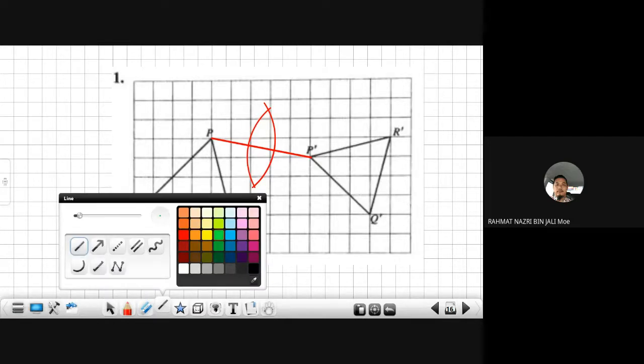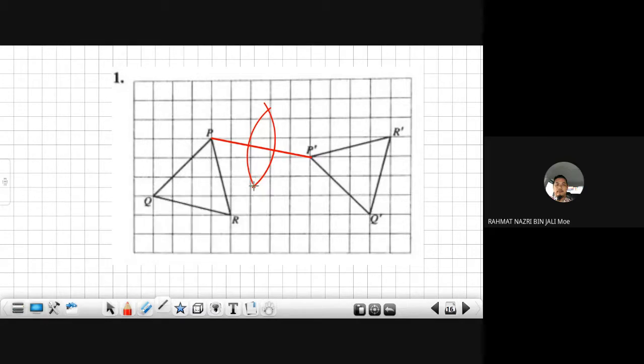Take the green color. Okay, now I draw the straight line. I extend this straight line because we want to find the center of rotation. Okay, you can extend downward. Okay, done for the first one.